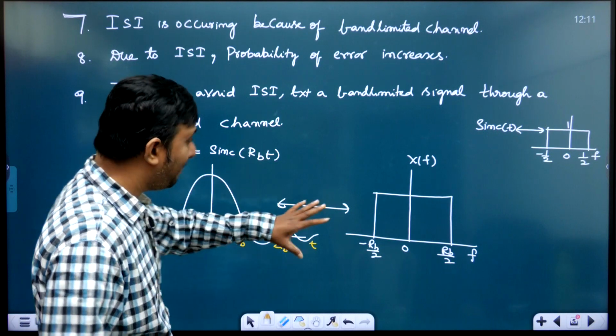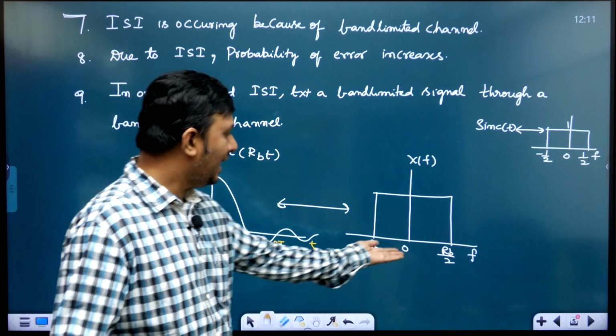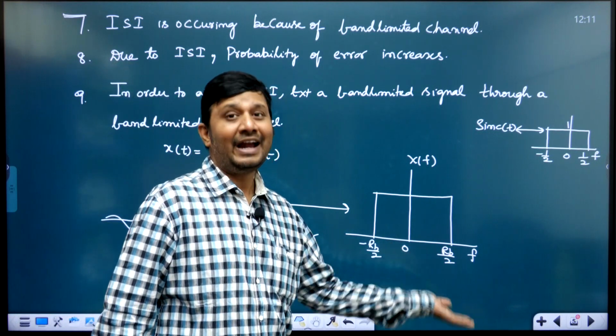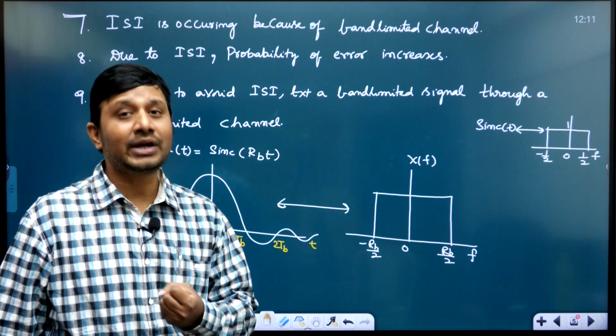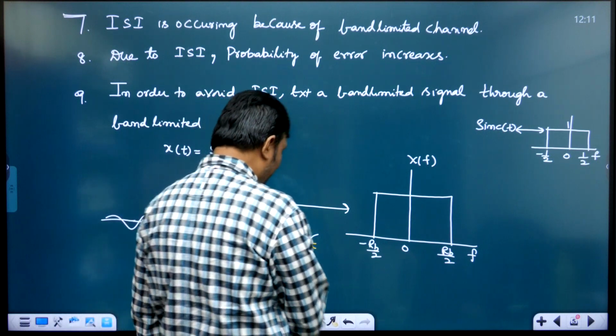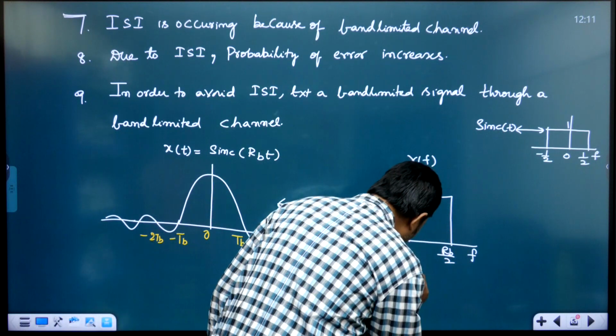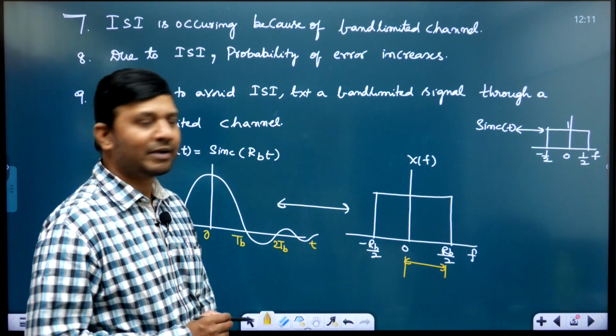Now this is a band limited signal. How can you say that it is band limited? Because it is limited in frequency. And whatever pulse you use, spectral bandwidth is important. So what is spectral bandwidth here? The difference between the highest frequency and the lowest frequency for positive frequencies.